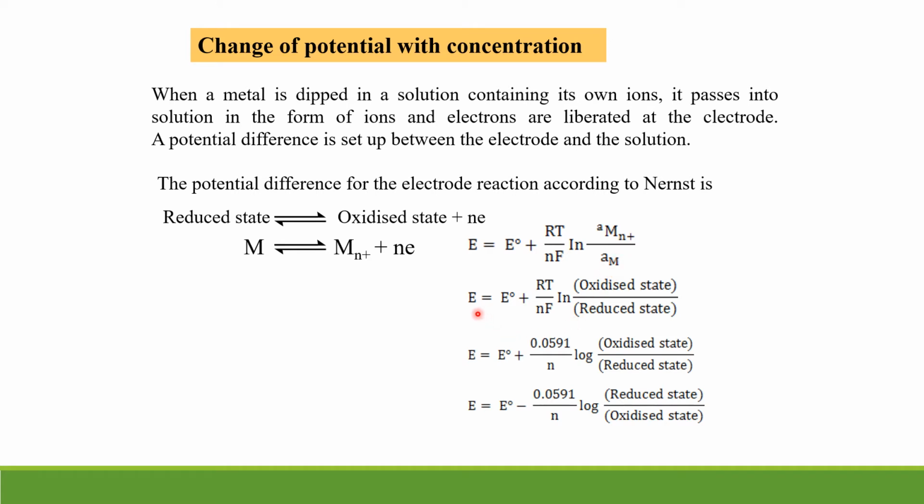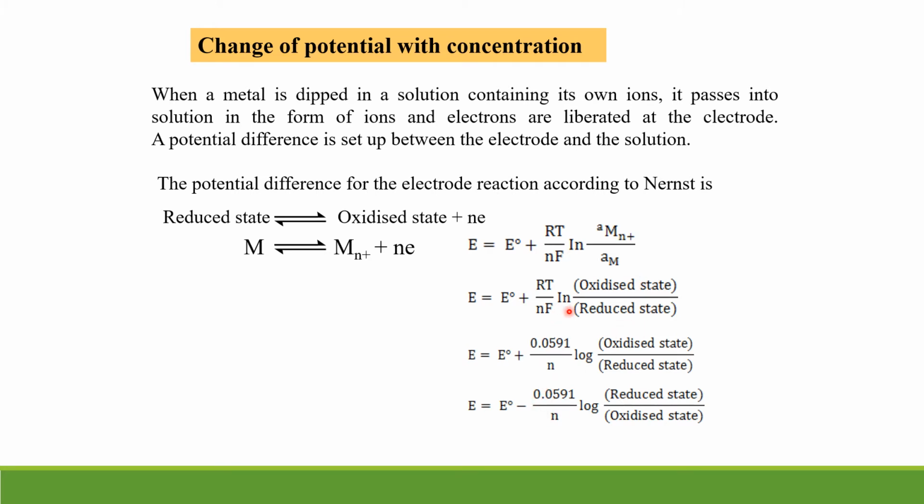So the equation becomes E equals E0 plus RT divided by nF log to the base e of the oxidized state divided by the reduced state, that is the concentration of the oxidized state divided by the reduced state.